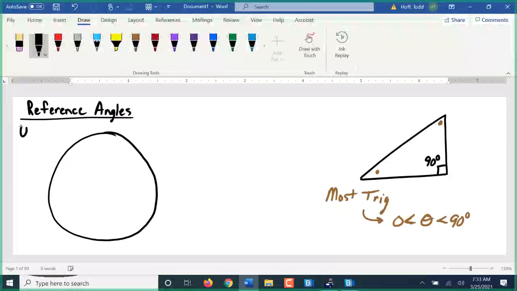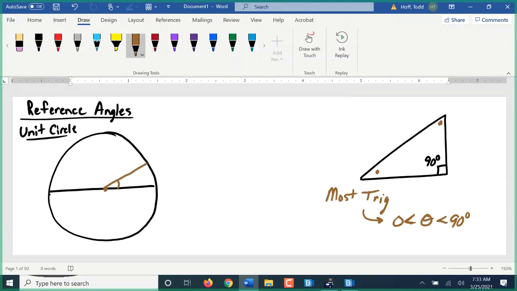So if we go back to our unit circle, put in our reference diameter there, that horizontal diameter, and look at some angles. Let's just take a 30-degree angle here.